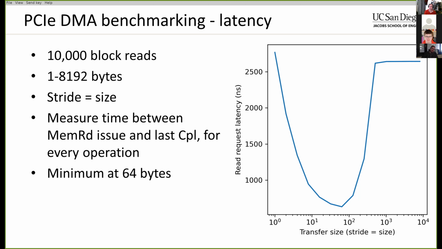Oh, the other thing I will mention as well is that we ran this on 2 different CPUs. So all of these measurements were taken on an AMD EPYC Zen 2 CPU, and I also ran it on an Intel Xeon 6138 CPU.